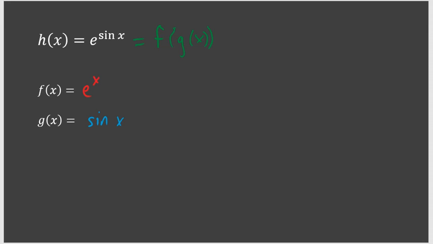You can go back and verify, and you can see that if you look at these pieces separately and then take the composition, I'm taking the sine of x and having that replace wherever my variable is inside of f of x. So that sine of x is taking the place of the x that is the exponent of my e, and we do indeed come up with h of x just like we had at the start.